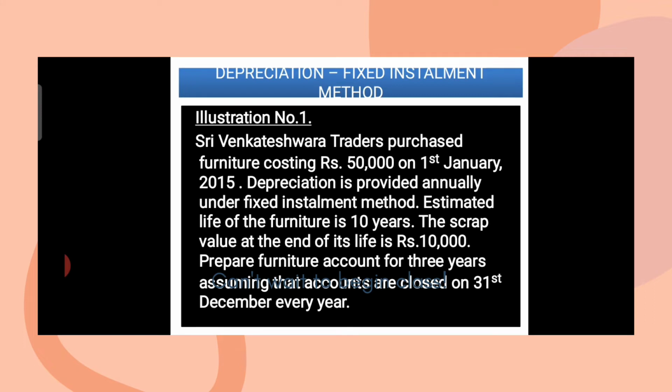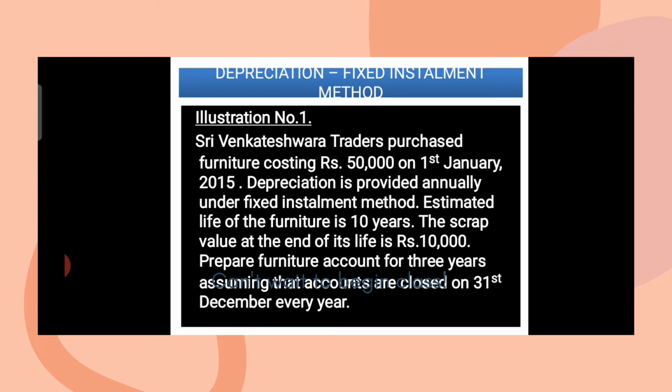In this problem there are many points which are helpful for calculating the depreciation under fixed installment method. The important points that we need are the cost of asset, the estimated useful life of an asset, and the scrap value.